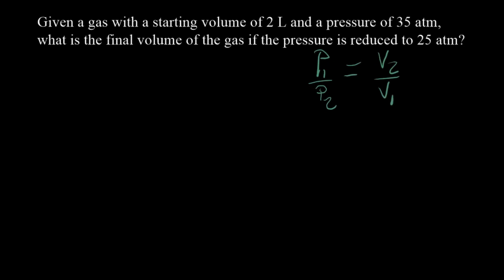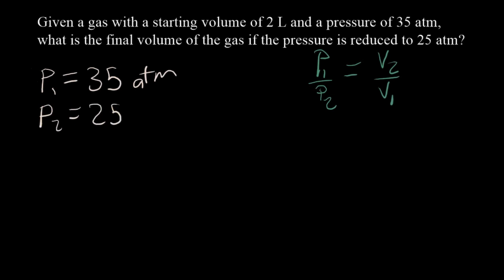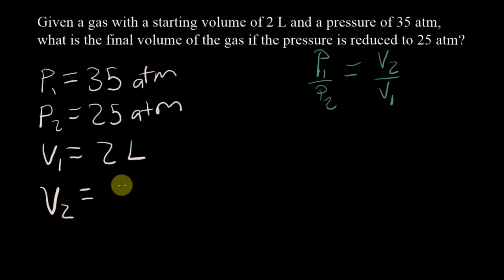Our starting pressure, P1, is equal to 35 atmospheres. Our ending pressure is equal to 25 atmospheres. And our starting volume is equal to 2 liters. Of course, we want to find our ending volume.